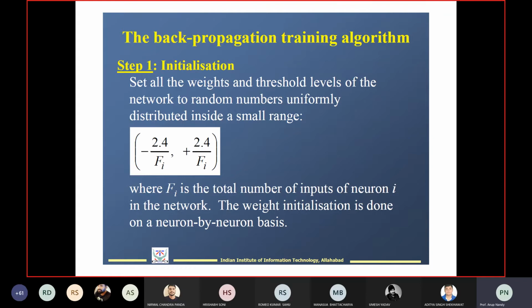This is an empirical value: minus 2.4 over Fi to plus 2.4 over Fi, where Fi is the total number of inputs of neuron i in the network. So the weight initialization is done on a neuron basis, the same process you followed for your single layer perceptron model.